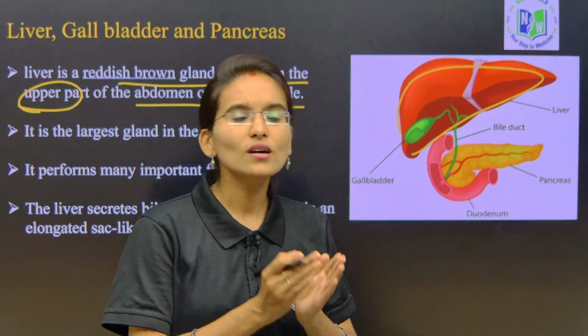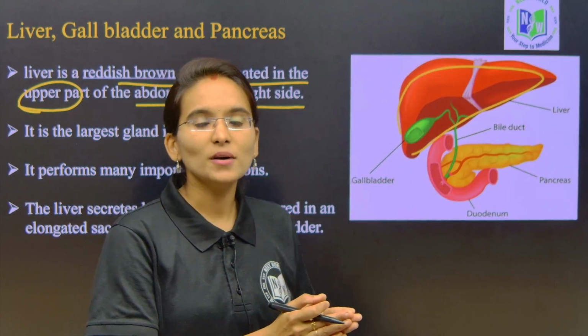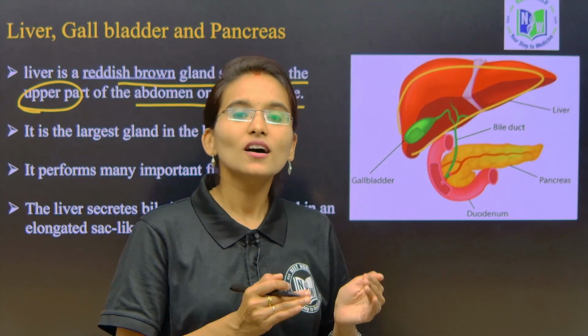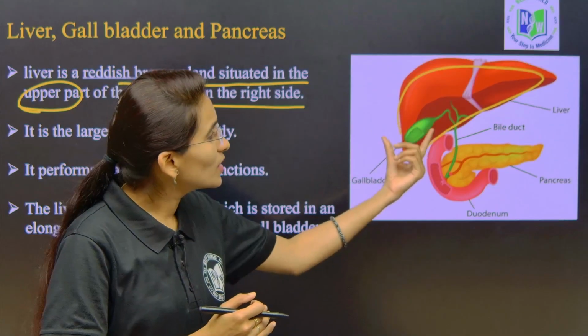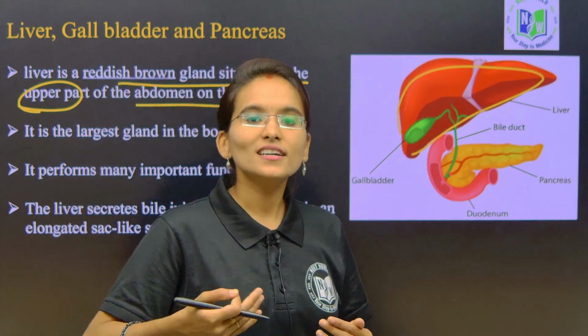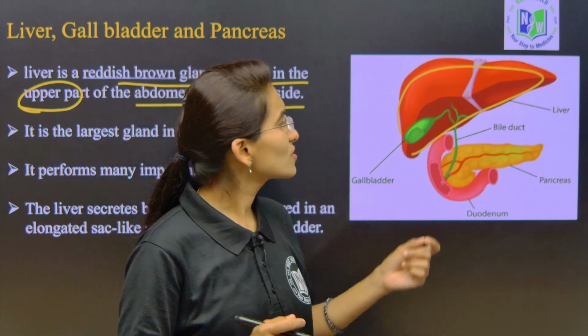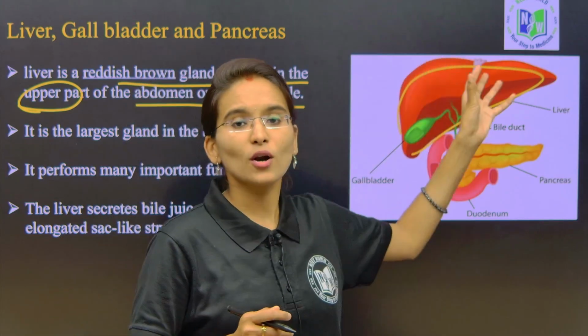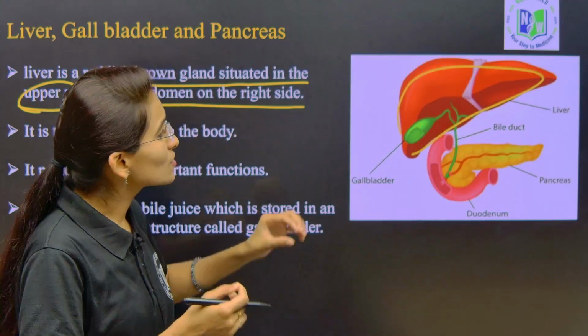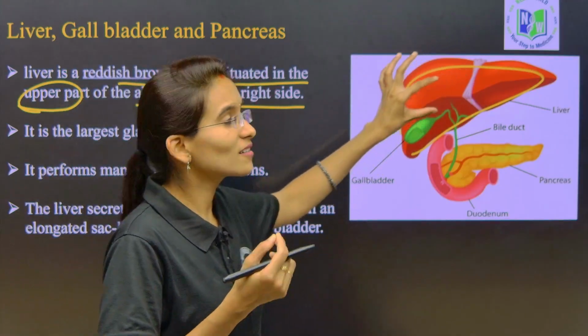Due to the presence of the stomach on the left side, the liver is situated on the right side at the upper part of the abdomen, right, my dear students, and it is reddish brown.